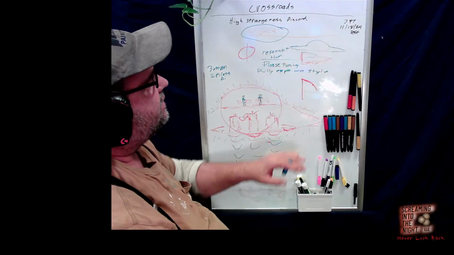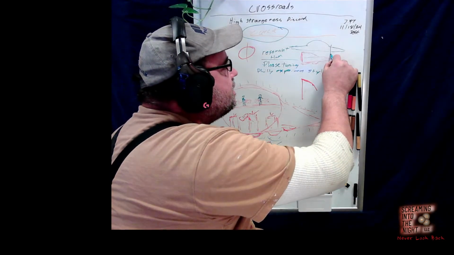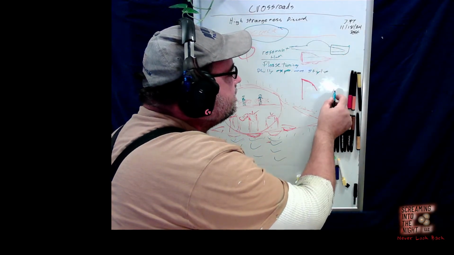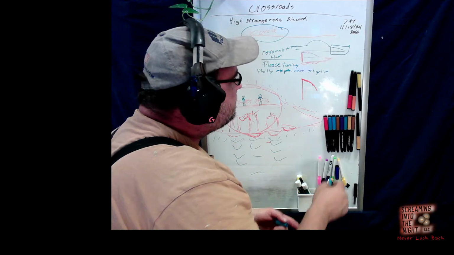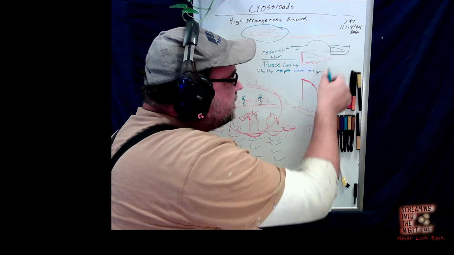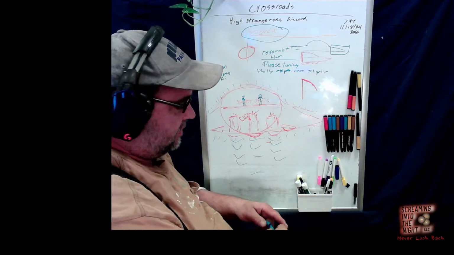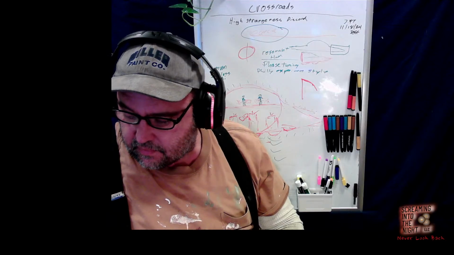So when I look at that, this section right here, so let's do this in layers. I'm going to take this section right here. Take a pic of this real quick.